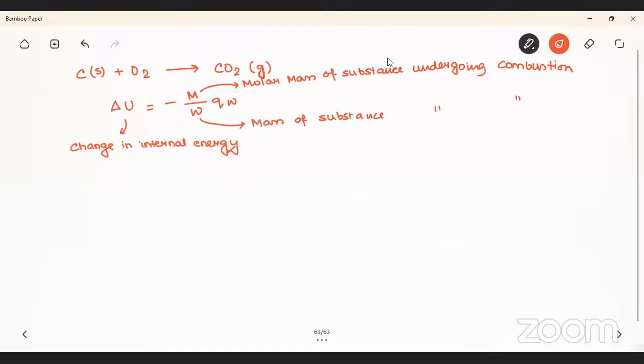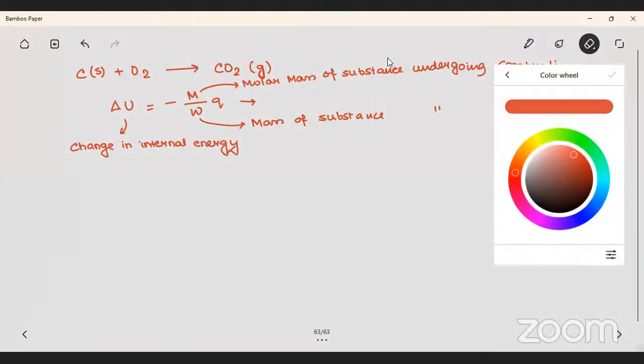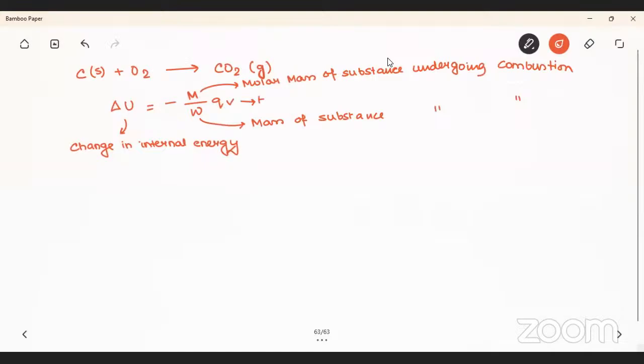And QV is the heat exchanged. You can write it as QV also. So this is the heat exchanged at constant volume.